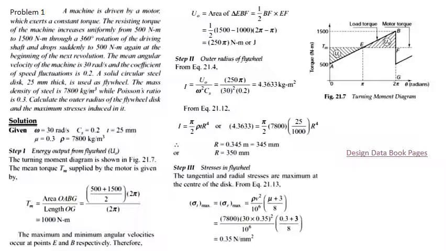So this comes to us as 4.3633 kg meter square. Now to have this amount of moment of inertia, we have to design the flywheel.